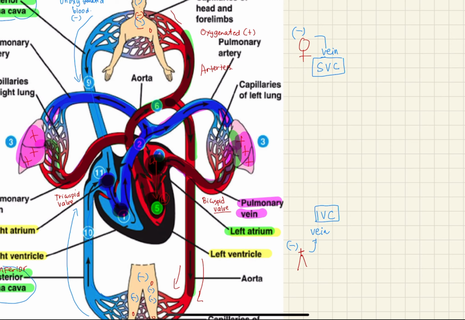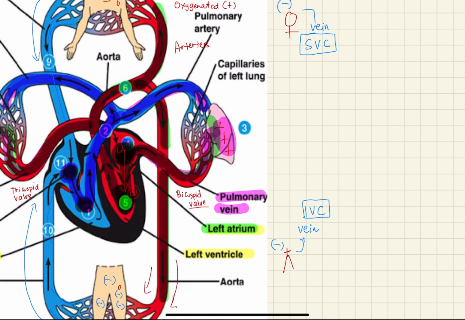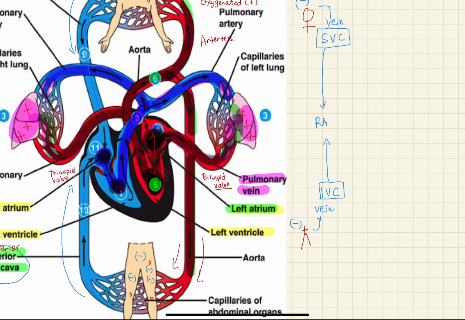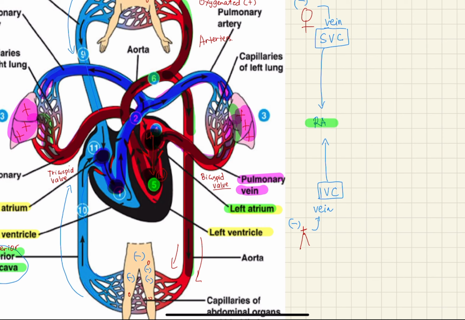Next, after po na dumaan yung superior and inferior vena cava, yung dugo, after po dumaan doon, magmimit po sila sa iisang chamber ng puso. At ang tawag po natin doon is the right atrium. Okay? Yung right atrium po natin, makikita natin dito. Okay, so like I said, inferior vena cava, superior vena cava, unoxygenated blood pupunta po dito. Okay.